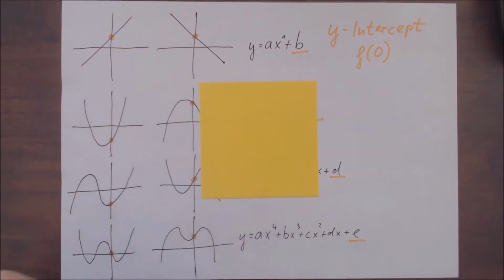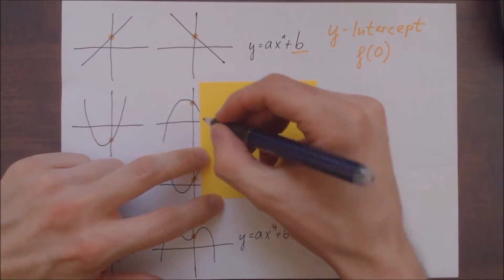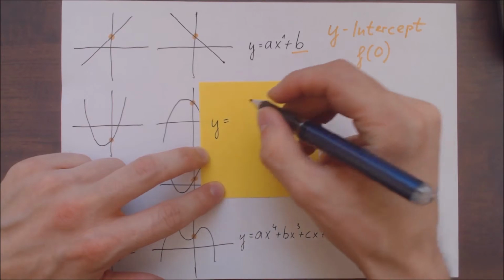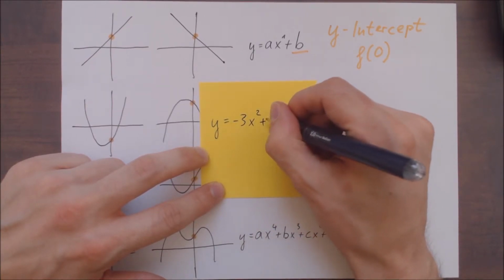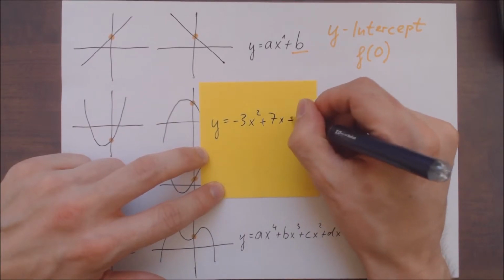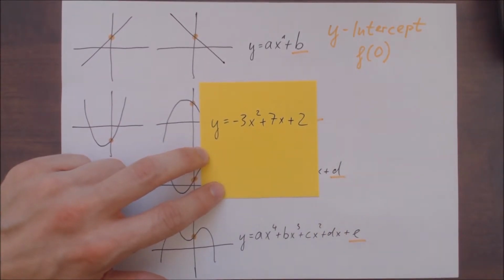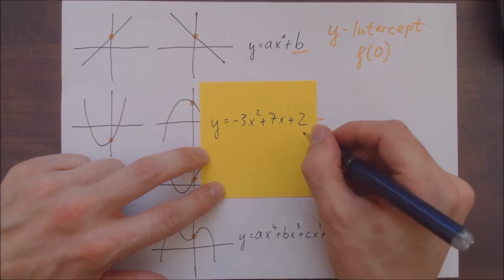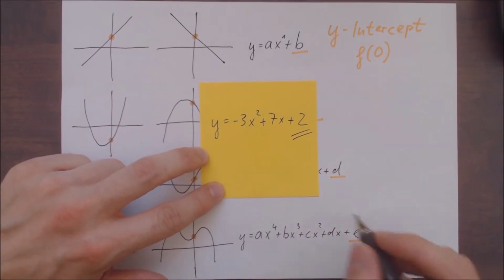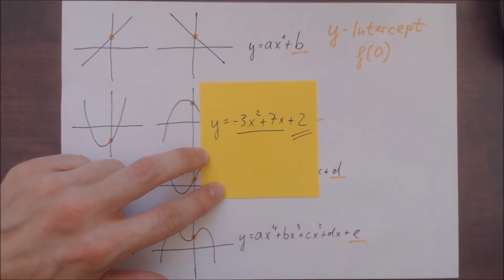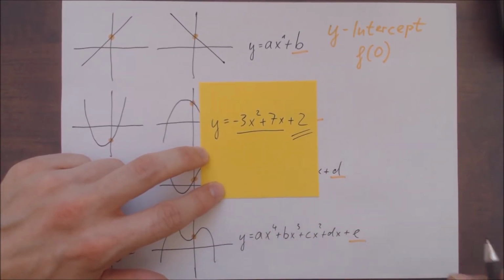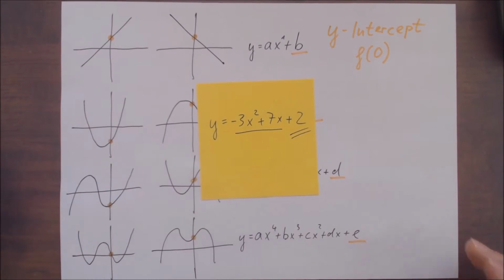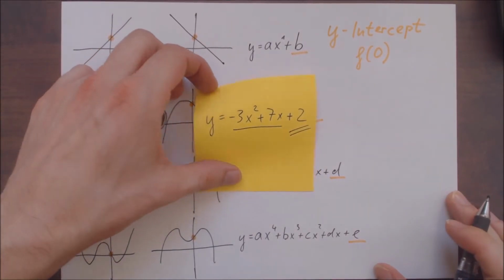For example, if we have a polynomial that looks like this, minus 3x squared plus 7x plus 2, we immediately know that the y-intercept is at plus 2, because these two will get 0 when we set in a 0 for the x and only the 2 remains. So we do not really have to calculate the y-intercept, we immediately see it.